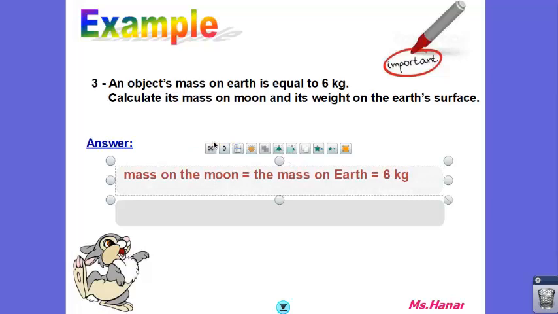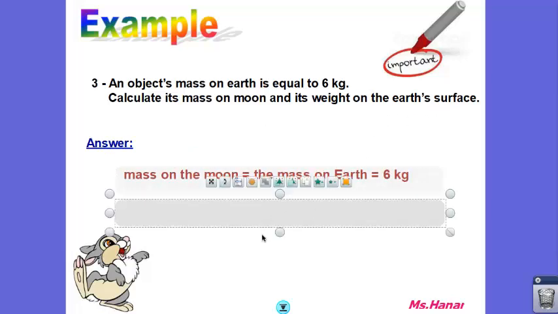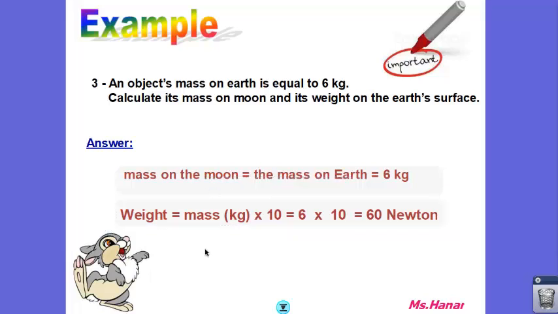To calculate weight on Earth, use this relation. Weight on Earth equals mass in kilograms times 10, equals 6 times 10, equals 60 Newton. Take care, to calculate weight the mass must be measured in kilograms.